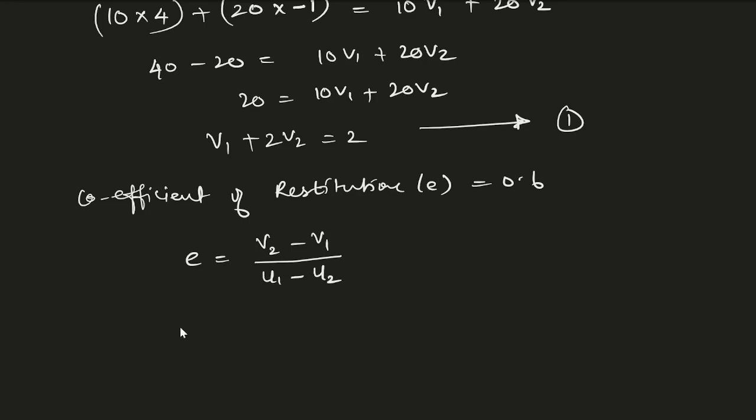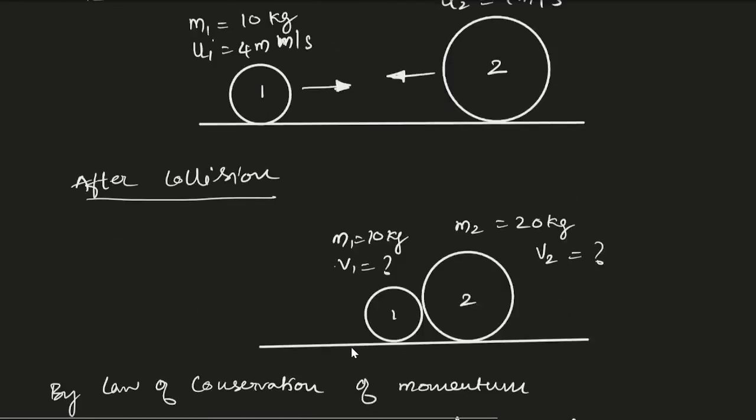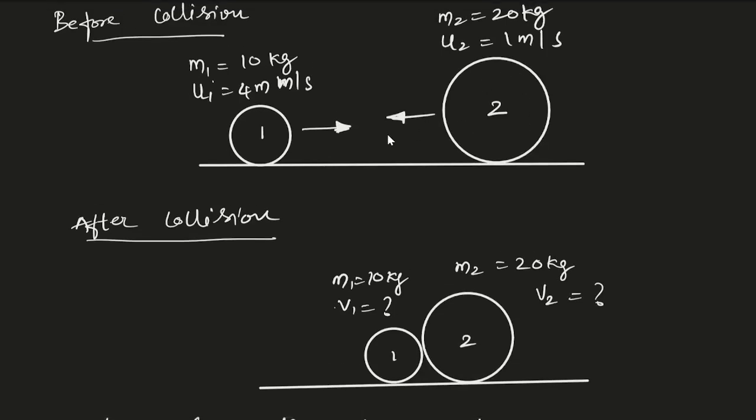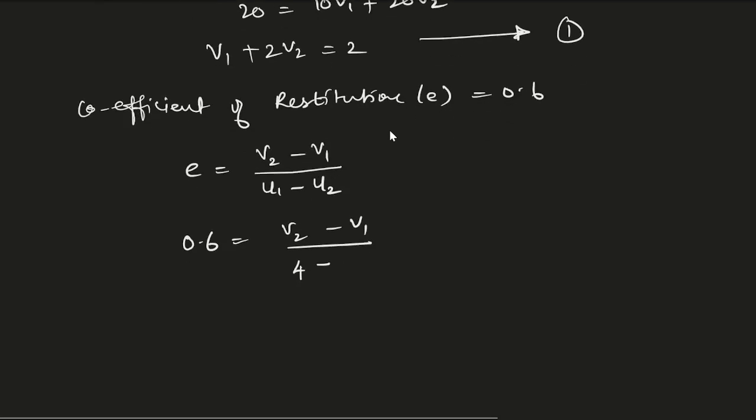Here we know the e value, that is 0.6. We don't know v2 and v1, so they will remain as they are. The velocity u1 is 4 meter per second, and for u2, if you see the direction, it is right to left, so negative. So minus of minus 1. Here you will have 5, that is v2 minus v1 equal to 0.6 into 5.